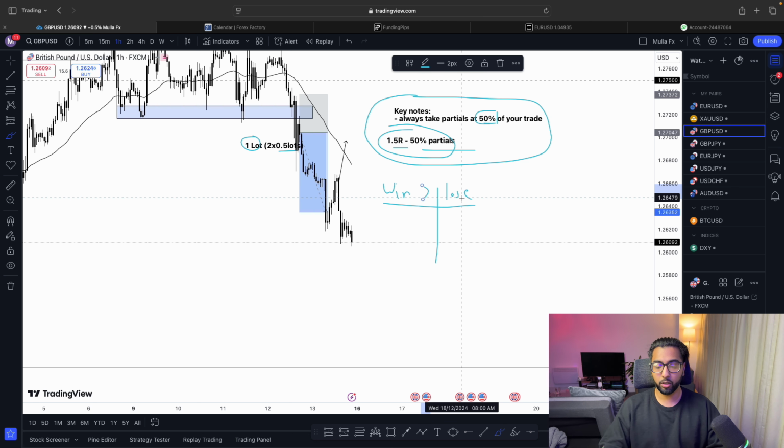So I hope you all understood the exit protocol. I know exiting trades is so underrated. A lot of us don't even worry about exiting a trade because we believe that entry is the most important, the strategy is most important, the risk management is so important, which it is. But what's the most important is actually securing the bag.